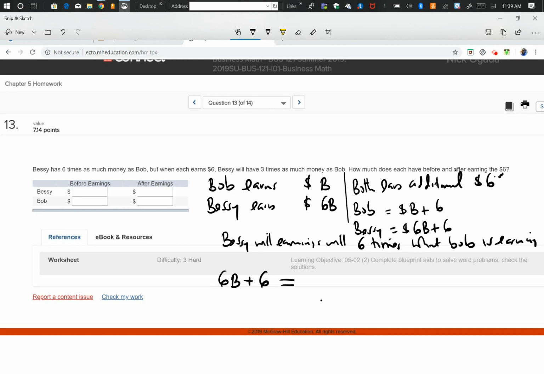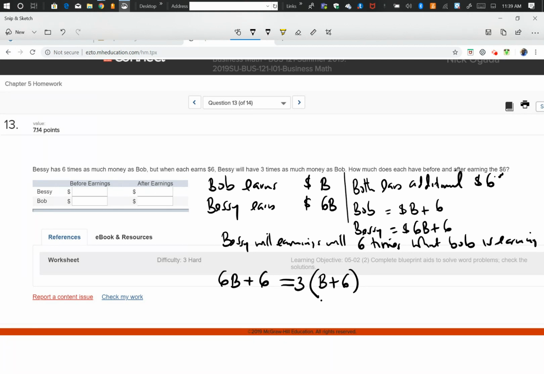This represents 3 times what Bob is earning. We know that Bob is earning B plus $6. So this is basically the equation that we are looking for. It's true to say then that 6B plus 6 should be equivalent to 3 times B plus 6. Now we have an equation.